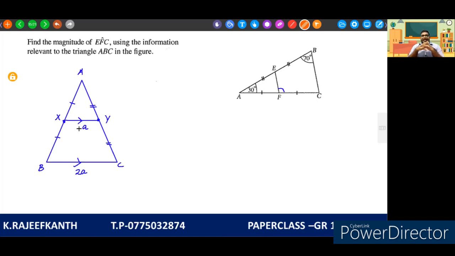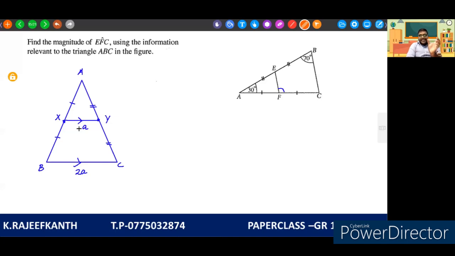Here, ABC is a triangle, and points X and Y are midpoints of AB and AC. Now I join the points X and Y, so that line is XY. If we join the two midpoints, then that line will be parallel to the third side of the triangle, which is BC, because we are joining the midpoints of the two sides AB and AC.